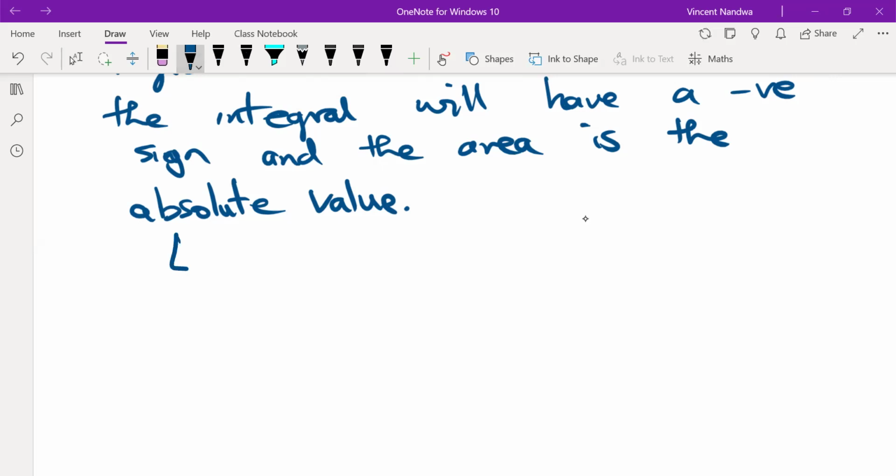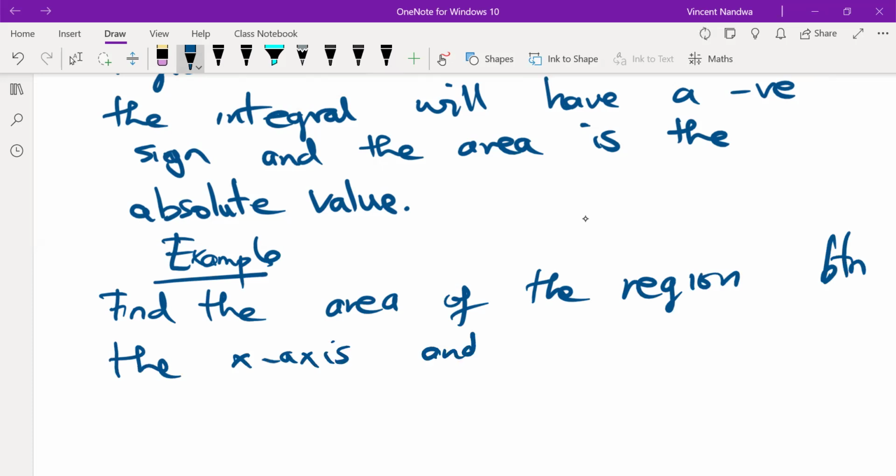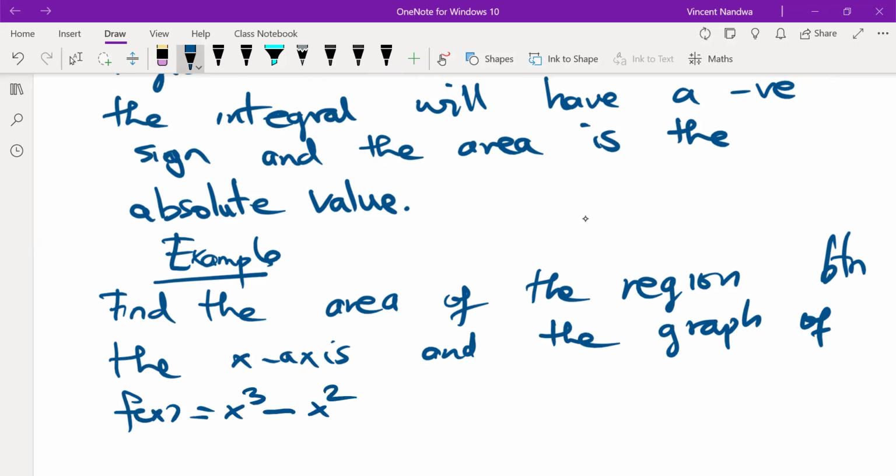Example: find the area of the region between the x-axis and the graph of the function f of x equals x cubed minus x squared minus 2x in the interval -1 to 2.